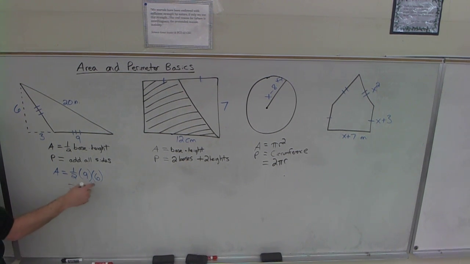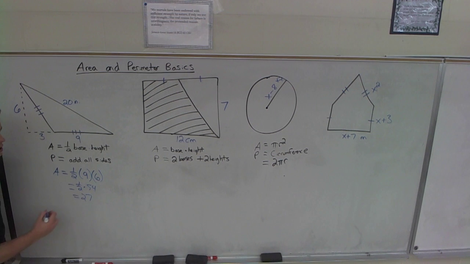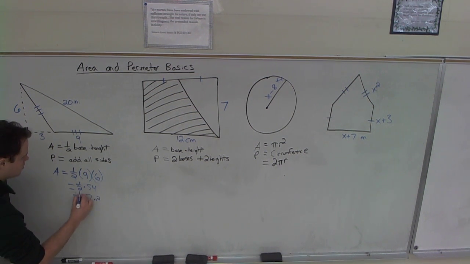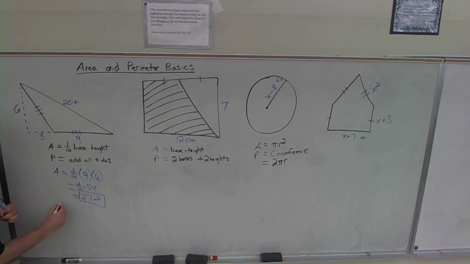So what is that? 9 times 6, 36? No. 54, thanks. So we get 27, and get your units on here for sure. What are my units? Inches squared. Sweet. So I'll do that in blue, and we'll do the perimeter in red for each one.